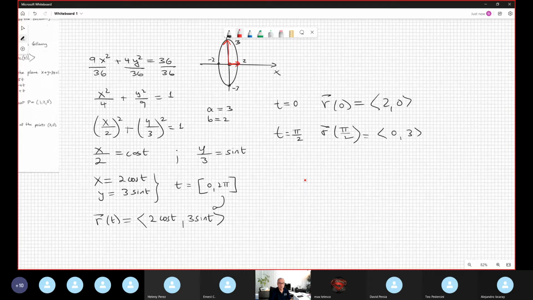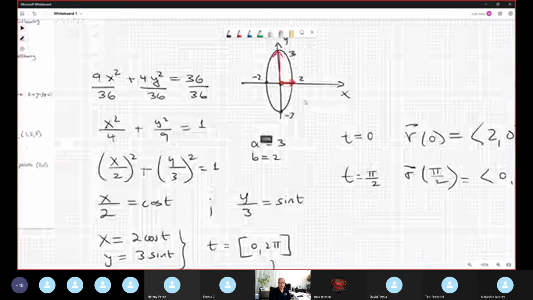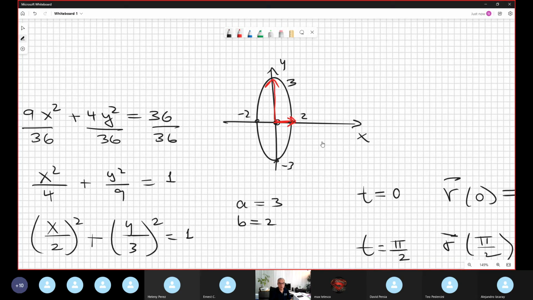So, the problem says find this osculating circle. What is that? The osculating circle is, for example, in this part, in this point, the curvature, which I want to find in a few seconds, is higher than the curvature in this point. A big curvature implies a small osculating circle.